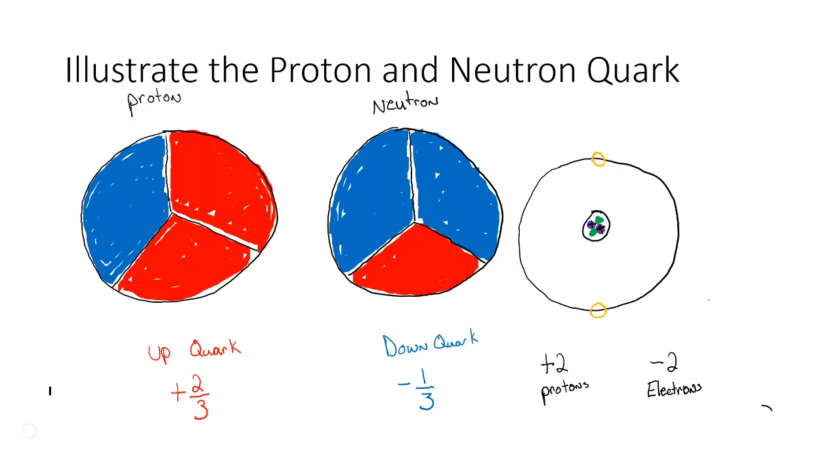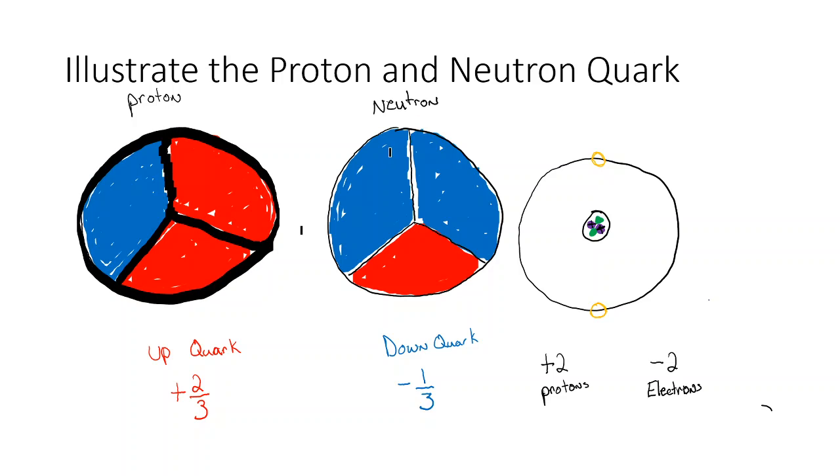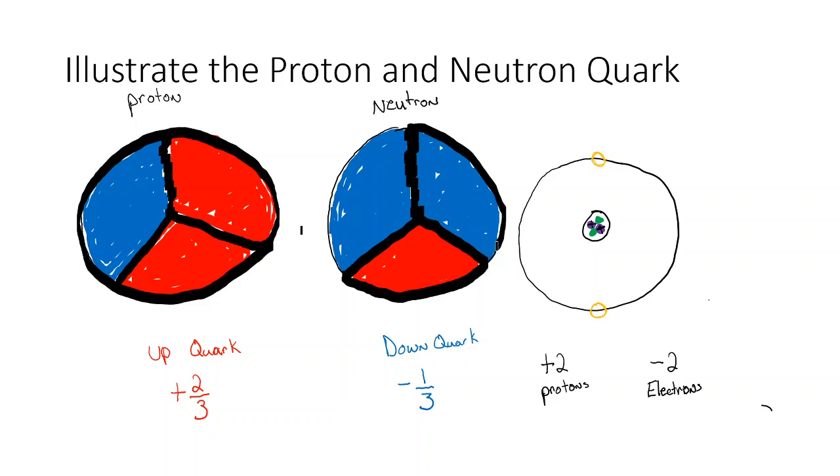Now, just to make this a little bit neater, there, that looks halfway decent. I could probably make it a little bit better if I took my time, but you guys would probably get kind of bored like that. But the proton has two up quarks and one down quark, whereas the neutron has two down quarks and one up quark. So now I get my pen out, and I'm going to put the charges in there.